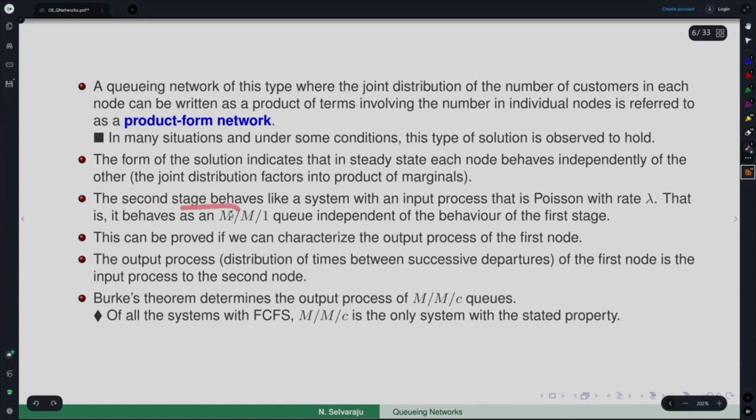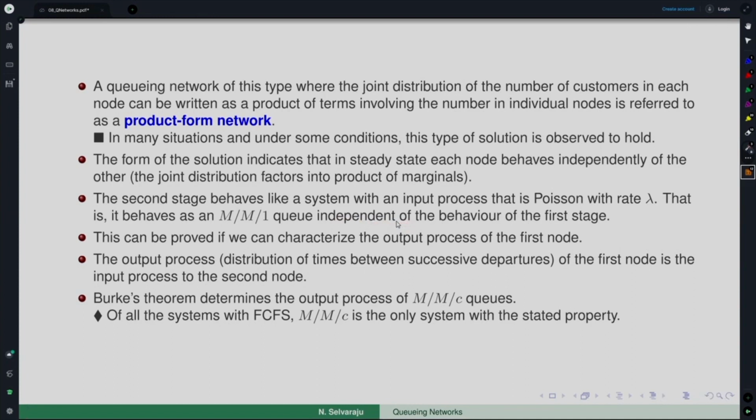So the second stage behaves like a system with an input process that is Poisson with rate lambda, and it behaves as an M/M/1 queue independent of the behavior of the first stage.